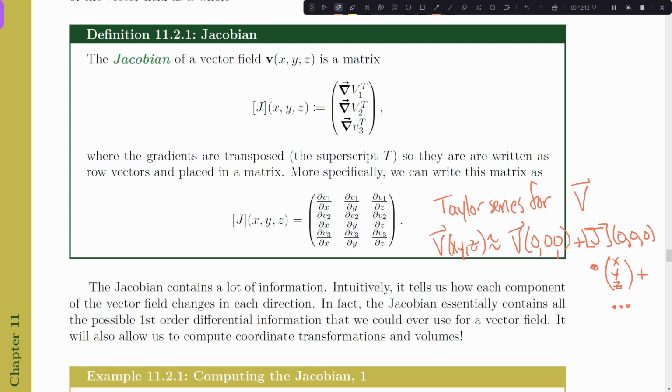So really the point of this is to extract some sort of Taylor series that's like our regular Taylor series before these vector fields.